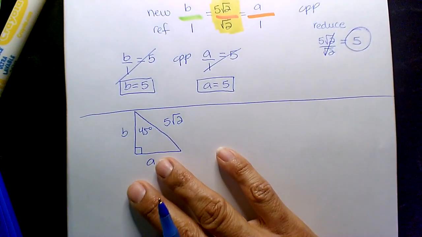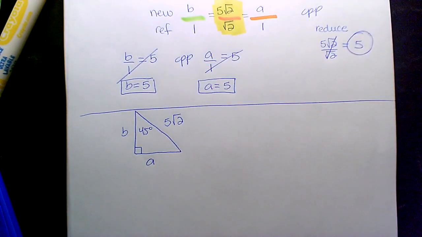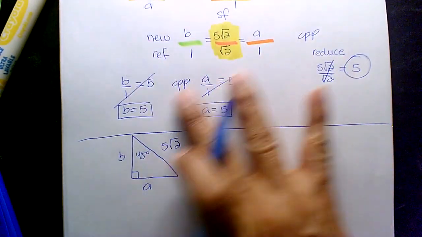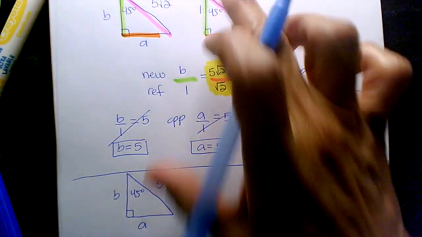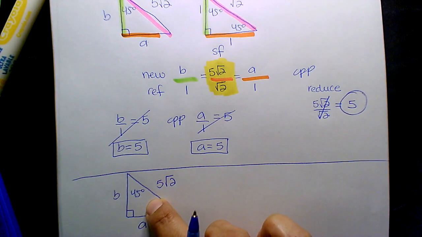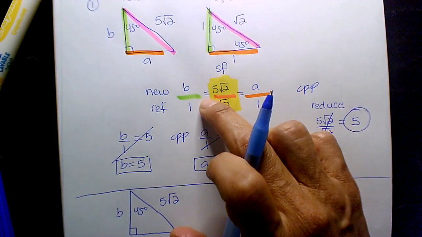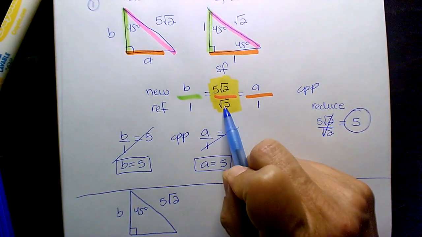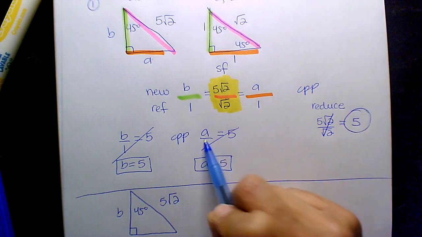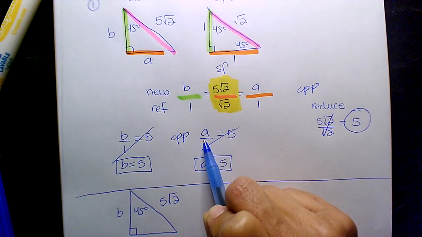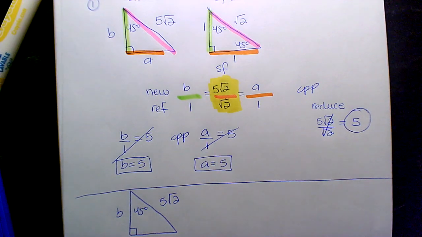Okay, look, we're going to do all of this, but we're going to put it on this given triangle. We're going to do all of this, but it's just to the side. So you're not going to see the statement of proportionality. You will see your scale factor.